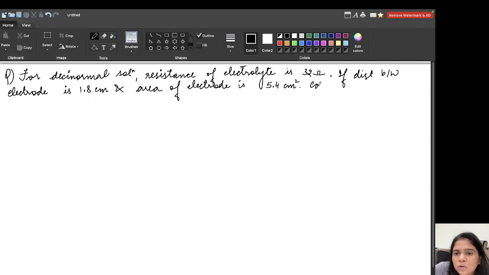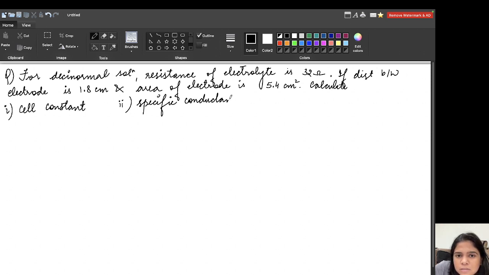You need to calculate certain things. Firstly, you need to calculate the cell constant. Try this on your own. The second thing which you need to find is specific conductance, and the third is equivalent conductivity. Everything is formula based.